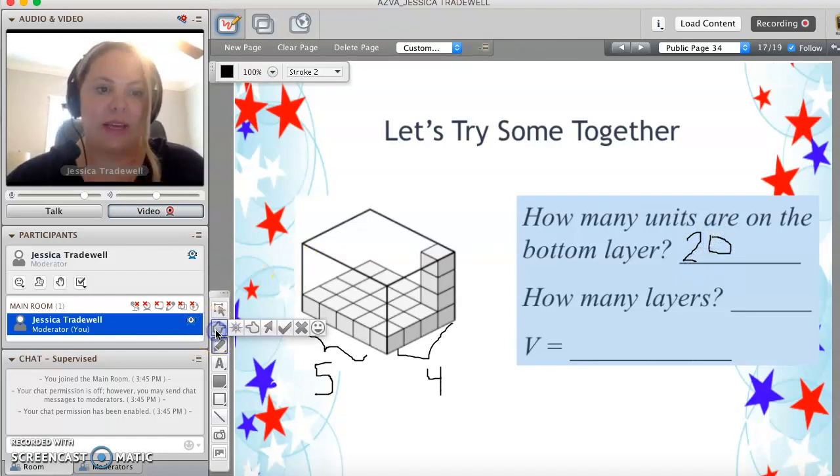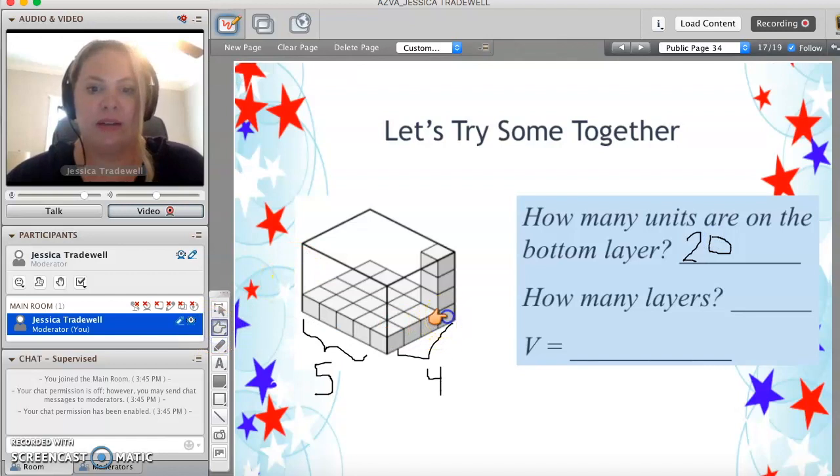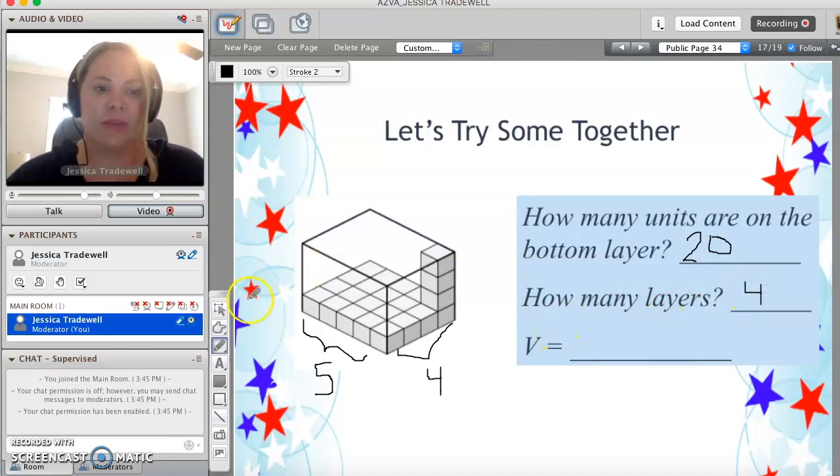How many layers do we have? 1, 2, 3, 4. 4 layers. So we have 4 layers of 20 cubes. So I want you to imagine we have 20 on the bottom, we know that. We have 20 on the second layer.